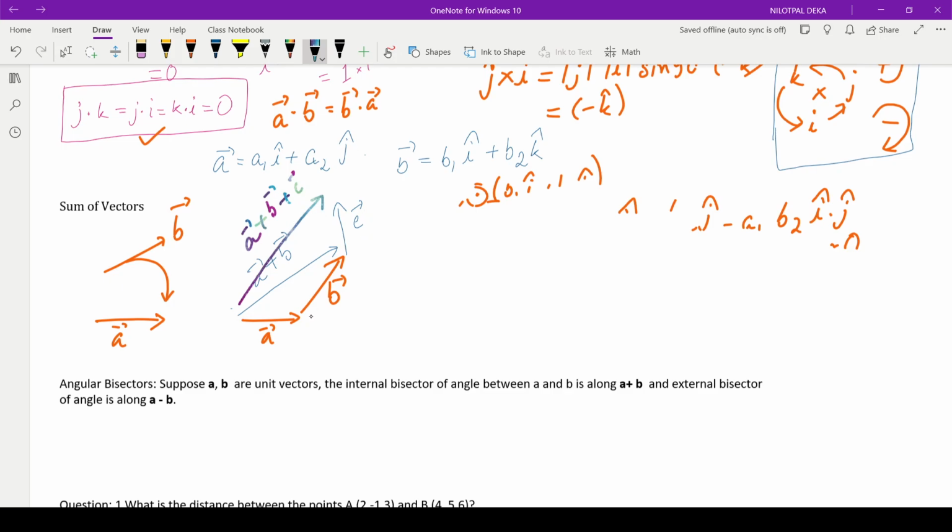What I have to do is simply place the vectors so that the tail of one vector is at the arrowhead of the other, and finally draw the resultant vector from the first vector's tail to the head of the last vector. All right, it's quite simple stuff. And of course, there is a formula for the magnitude as well, but we'll skip that here because it's not very important at this moment.